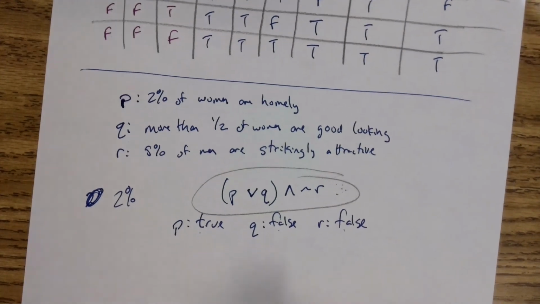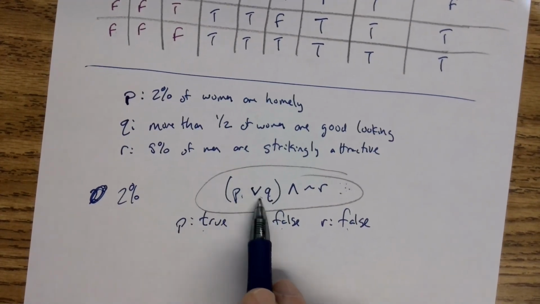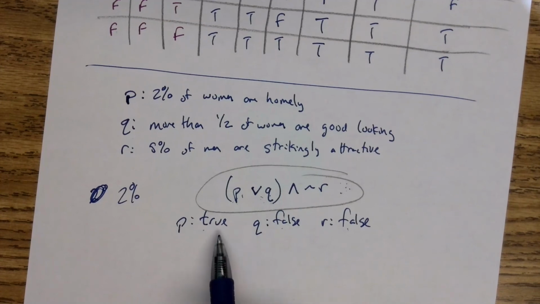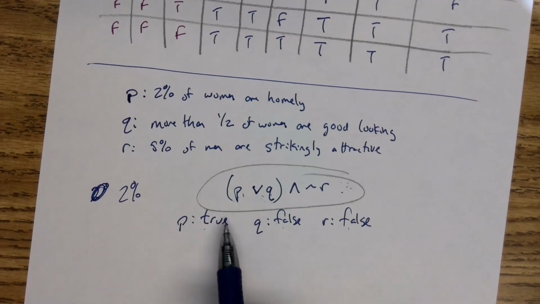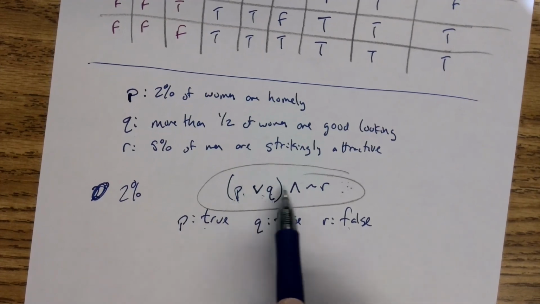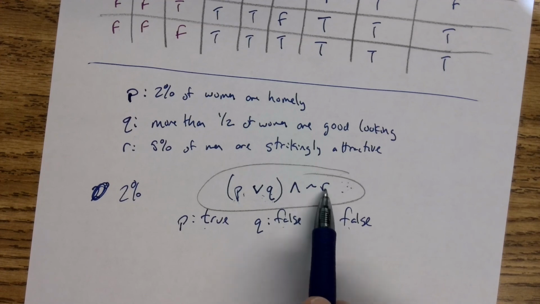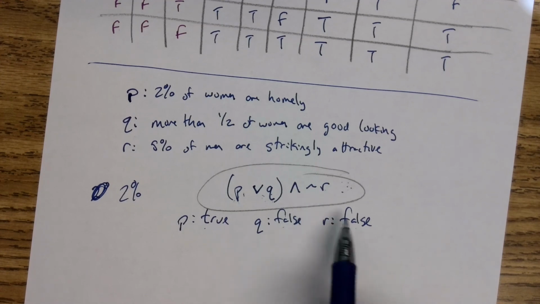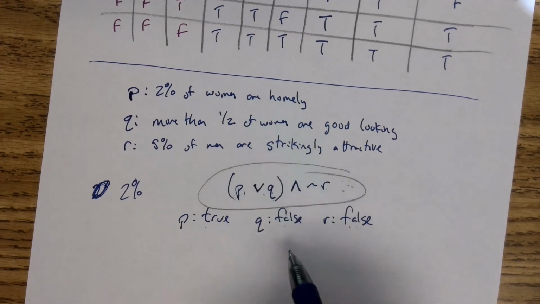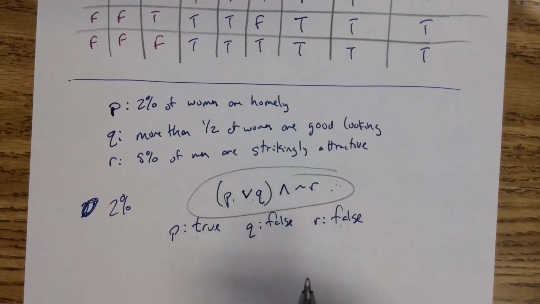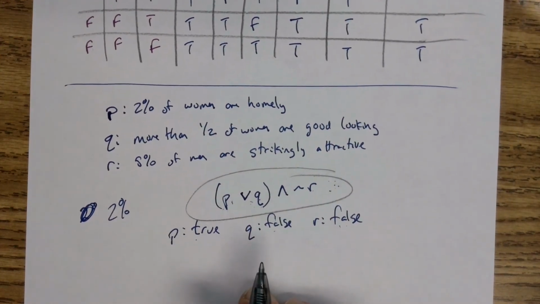So what's P or Q? True. True and not R. True and false would be false, but wait, not R. Not R, so the statement would be true. So this whole thing is true. In your notes, they break it down, though it didn't print very well.